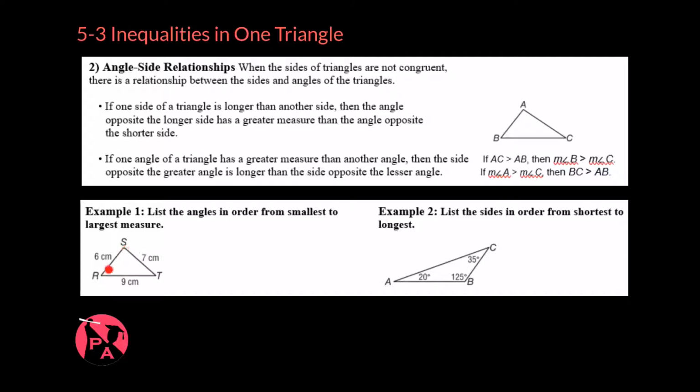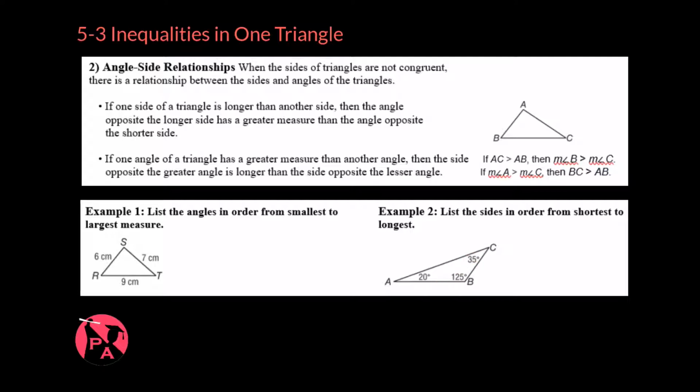If we have a side given, that side is going to be related to the angle opposite this side. Or if we have this angle right here, that angle is going to be related to the side opposite this angle. So for instance, AC and angle B are related, angle A and side CB are related, side AB and angle C are related.